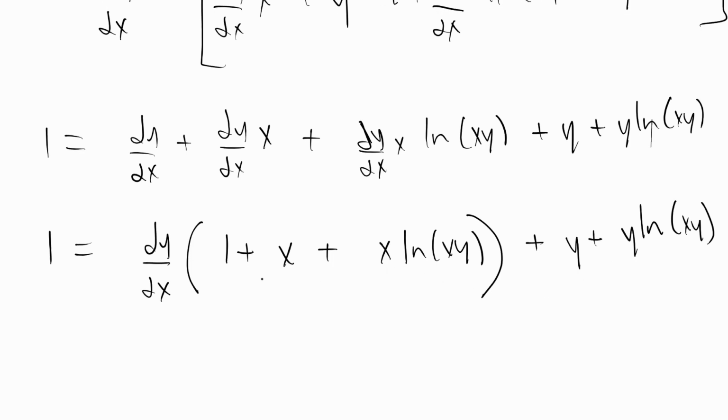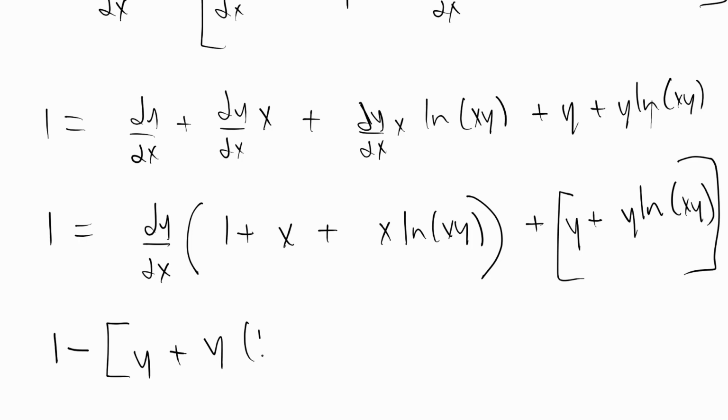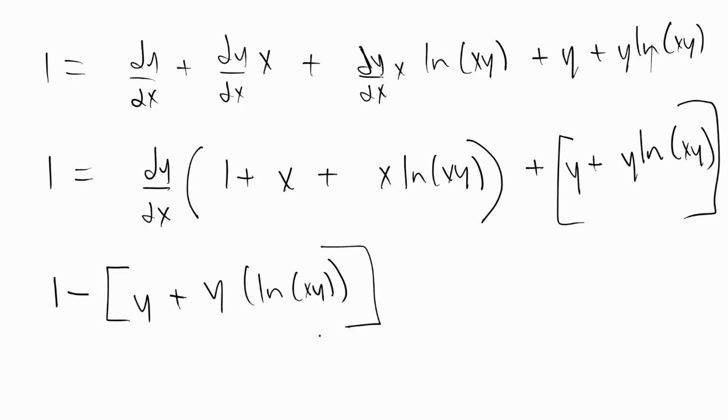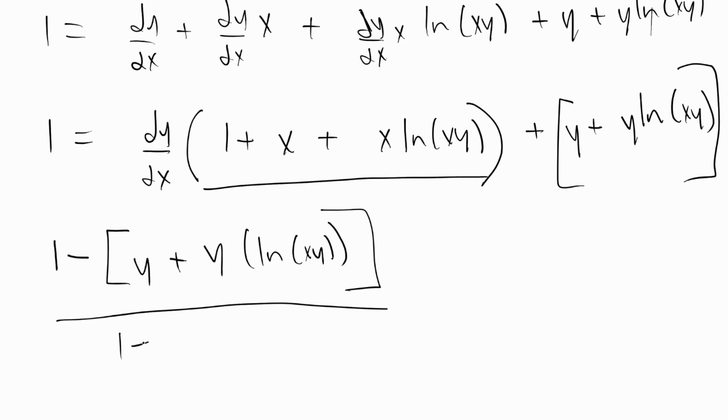Now, before we can isolate this dy by dx, we need to shift this whole term to the other side, so subtract it from both sides. So we get 1 minus y plus y ln of xy, and then if we divide this by this, we get 1 minus y plus y ln of xy over 1 plus x ln of xy is equal to dy by dx.